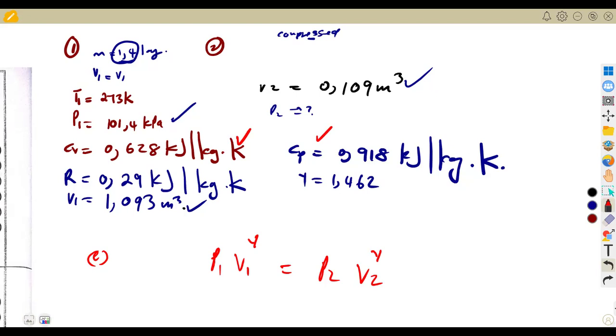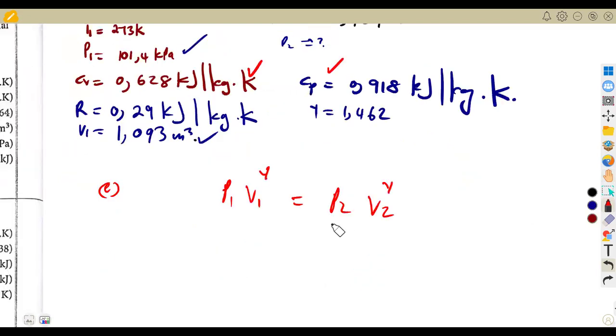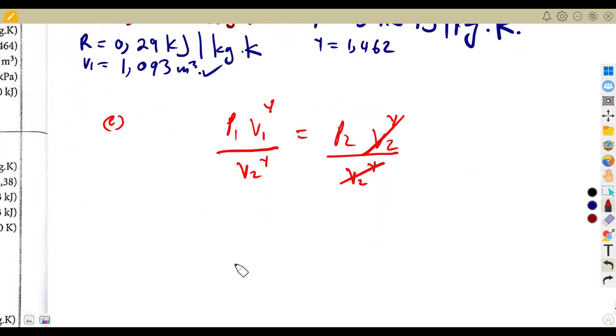Yes, we can just divide, because this one is not that complicated. Just divide by V2 to the exponent of gamma. We are done. Whether you want to make certain arrangements, it's up to you, but this is direct.